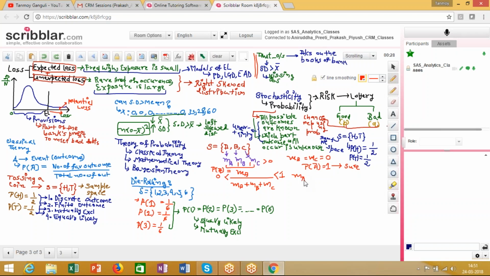However, on the other hand, if MA is equal to 0, then the probability of A to occur is 0.